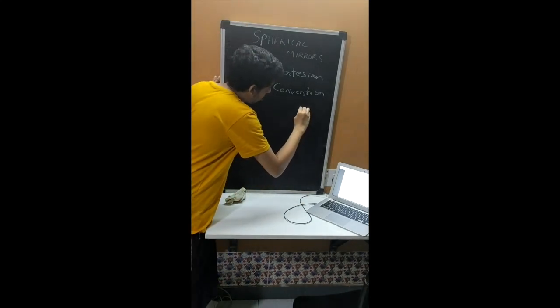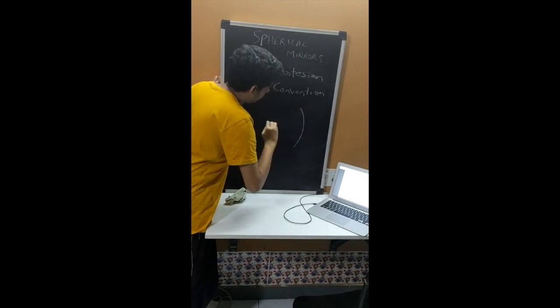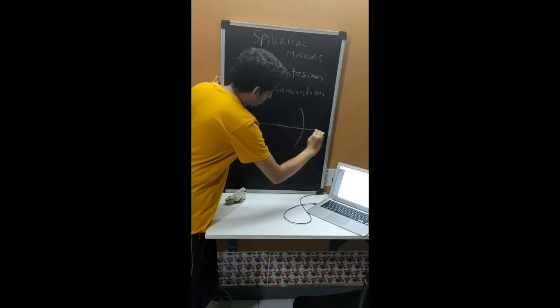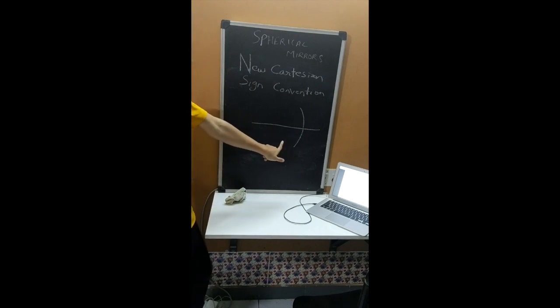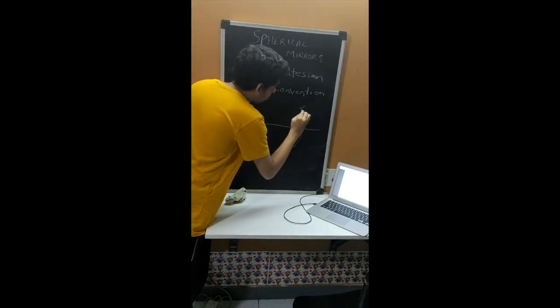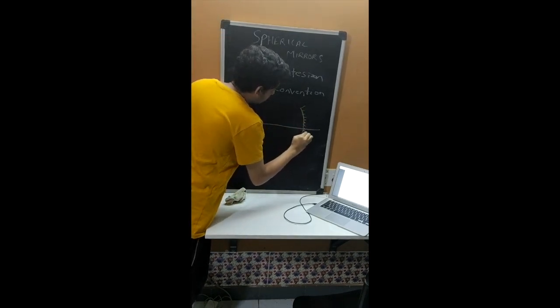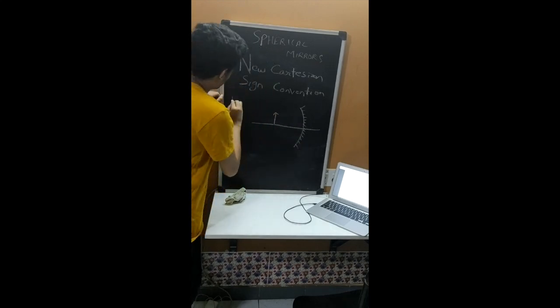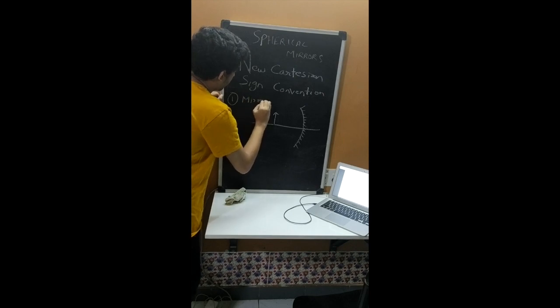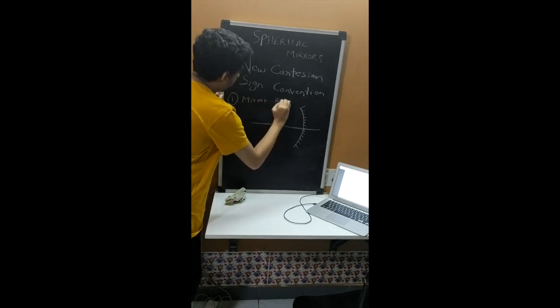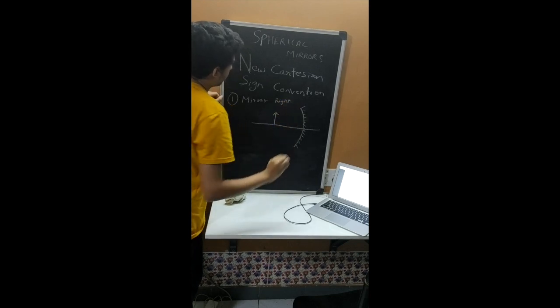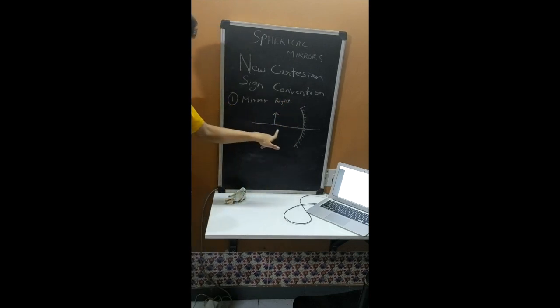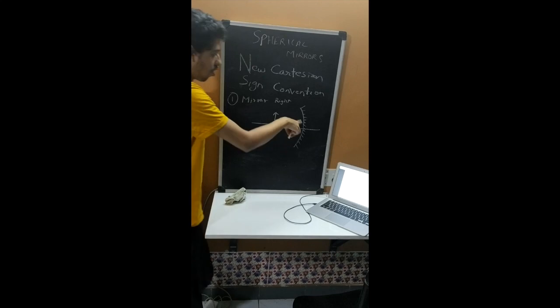So first of all, the first rule is that the mirror is always going to be to the right of the object. Note it down. Okay. This is a concave mirror.